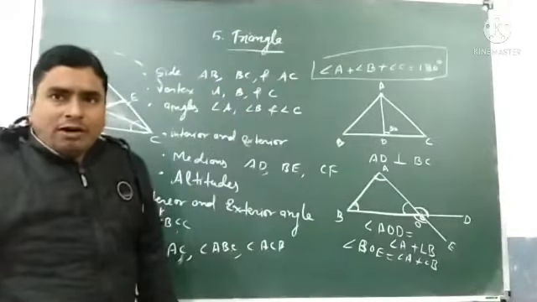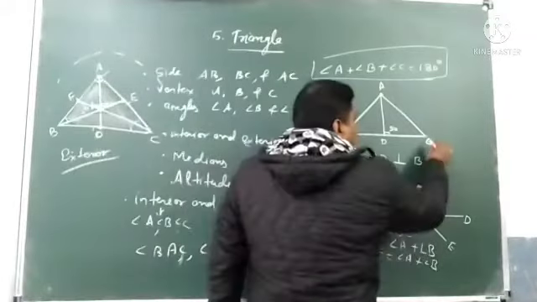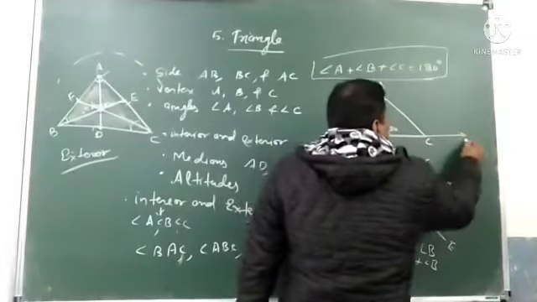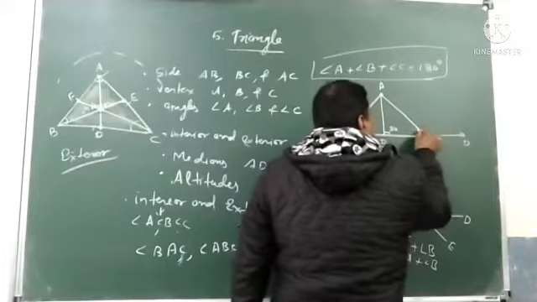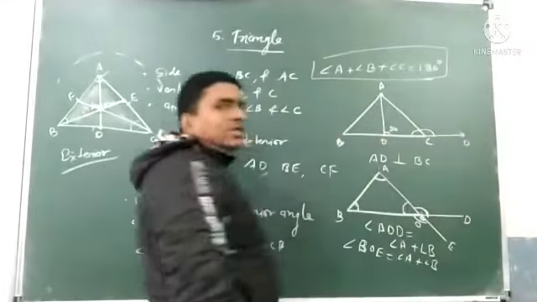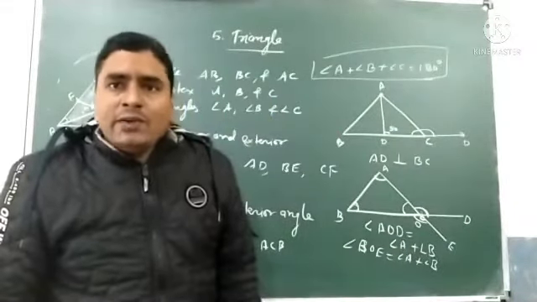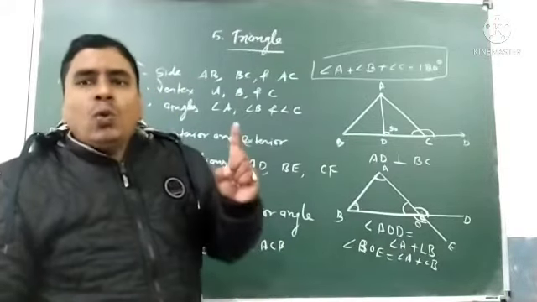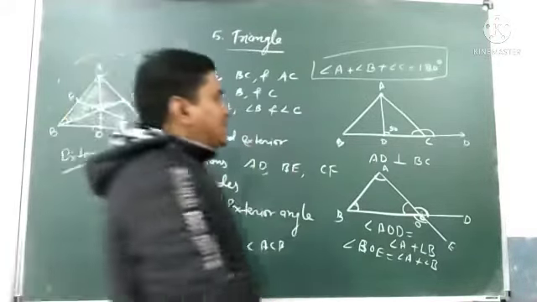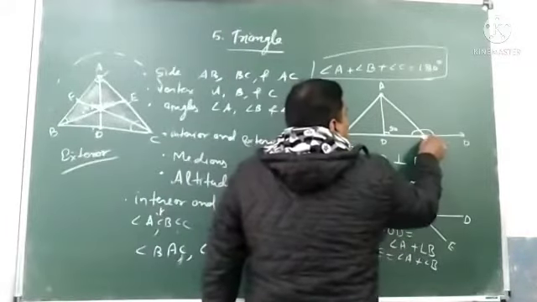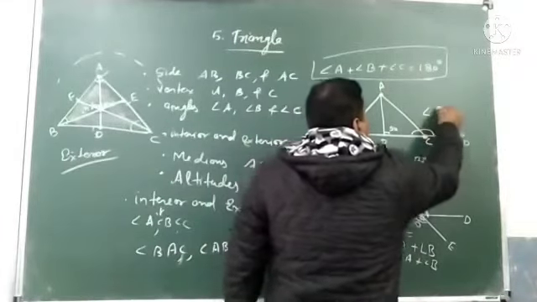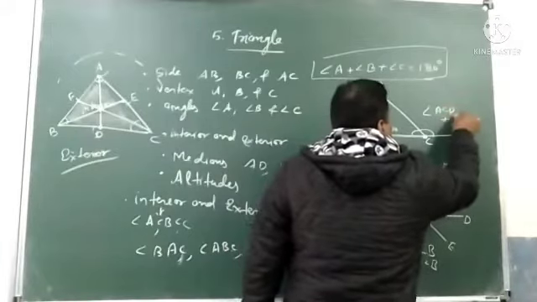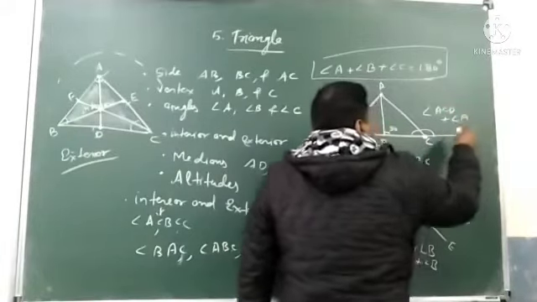Now, suppose here we extend this side to D, then this is the exterior angle and this is the interior angle. So the sum of one exterior and one interior angle at the same vertex, from vertex C, means this angle ACD plus angle ACE.